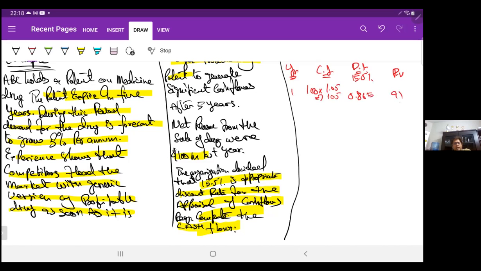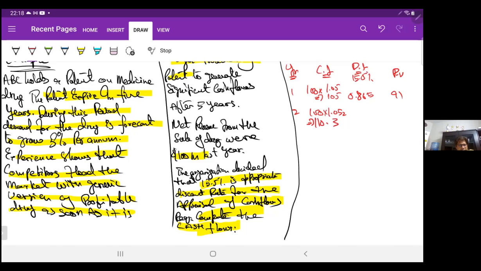91% in year two, again, 100 million into 1.05 squared, and we will get 110.3. The interest rates and discount factor rates will be given to you in the exam.